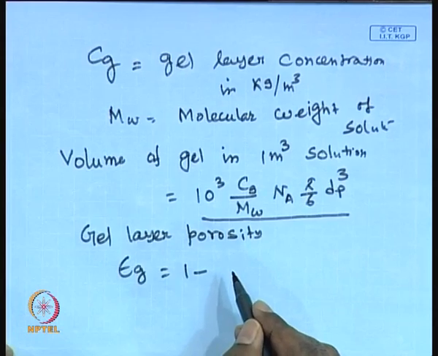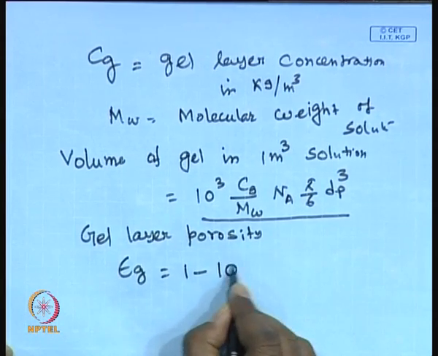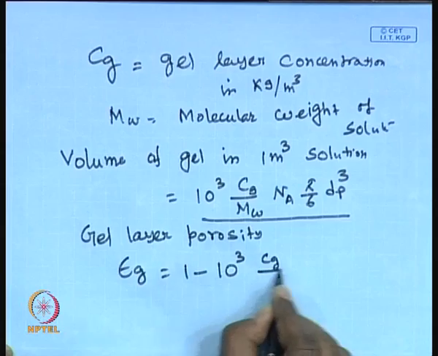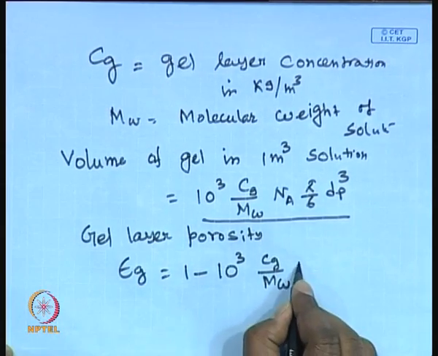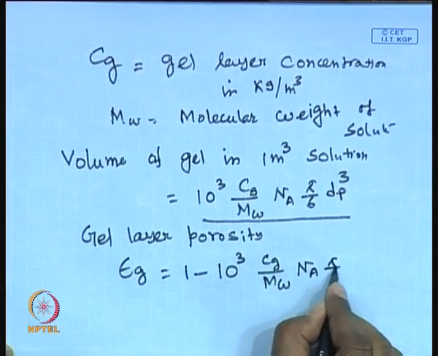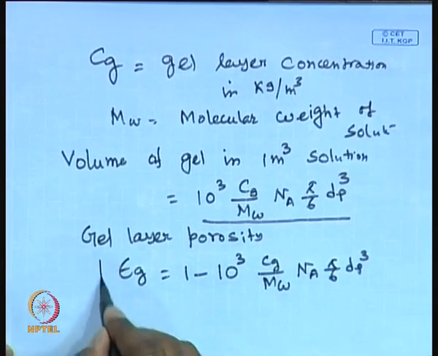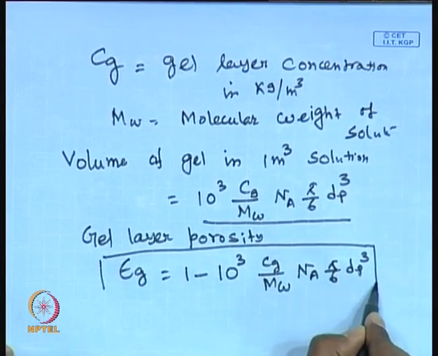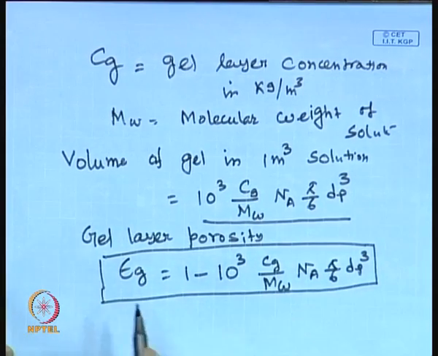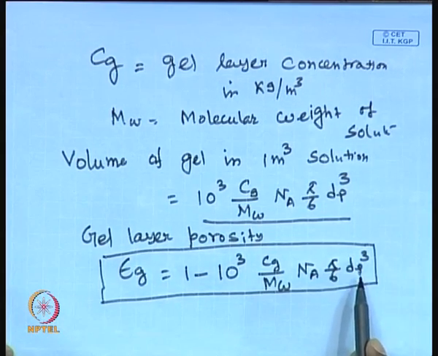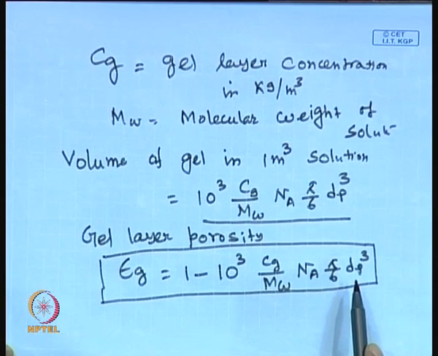So, the liquid volume will be 1 minus that 10 cube Cg Mw Na pi by 6 dp cube. So, this is the relationship of the porosity of the bed and the particle diameter, equivalent particle diameter, if you are talking about a non-sphere or non-hard sphere particles.